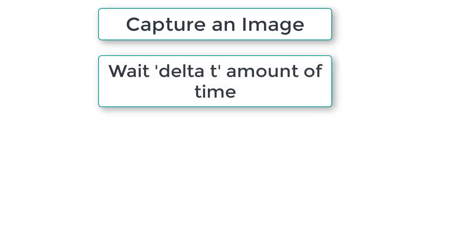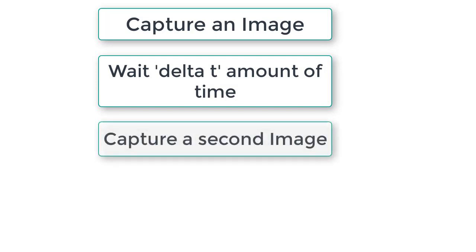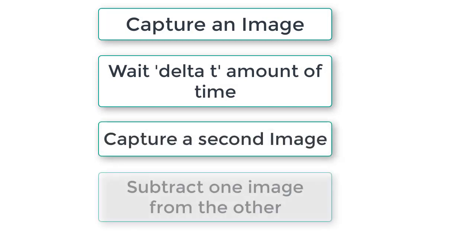In other words, the flow of this method works like this. Capture a background image, wait an amount of time, delta t. Capture a foreground image, subtract one of the images from the other, and then display the difference.